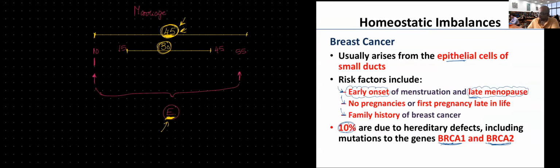And the presence of those defective genes will make a female perform a preventive mastectomy. So she will remove her breast before the development of a breast cancer because she has a very high risk of developing breast cancer due to the presence of those hereditary defects.